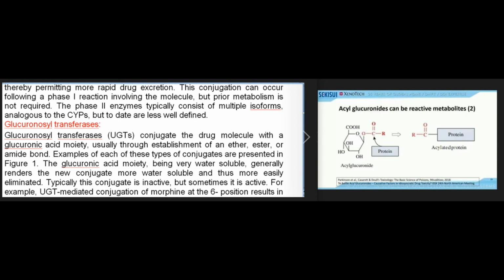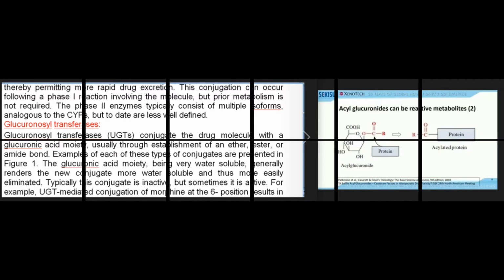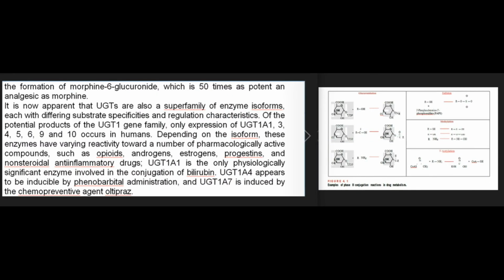The glucuronic acid moiety, being very water-soluble, generally renders the new conjugate more water-soluble and thus more easily eliminated. Typically this conjugate is inactive, but sometimes it is active. For example, UGT-mediated conjugation of morphine at the 6th position results in the formation of morphine 6-glucuronide, which is 50 times as potent an analgesic as morphine.